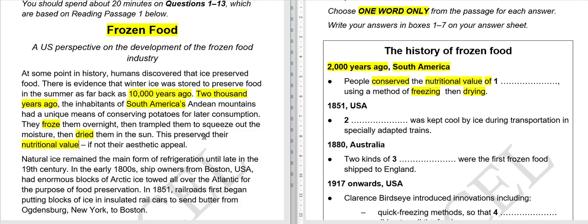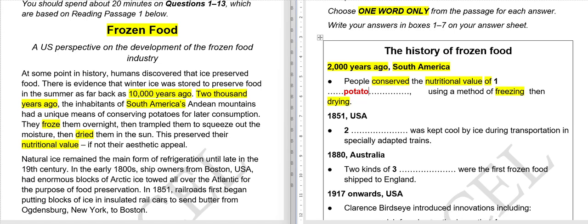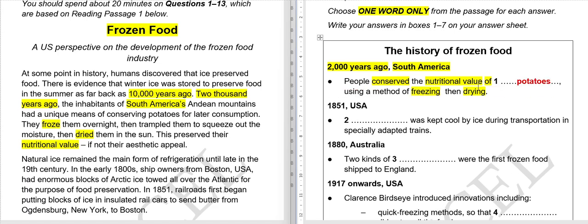Time's up. I hope you have figured out the answer, identified it, and the answer is potatoes.